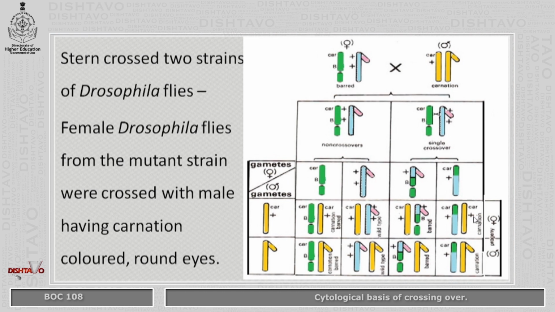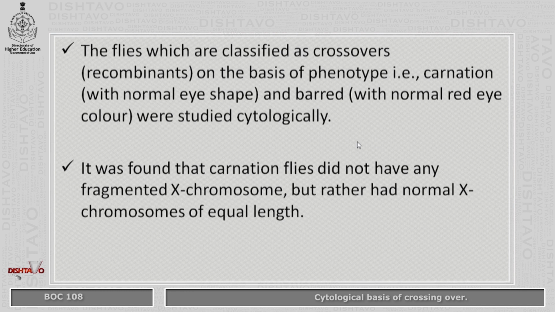Then finally, when the cross was done, the progeny observed were classified as crossover or recombinants on the basis of the phenotype, that is, carnation with normal eye shape and barred with normal red eye color. And they were studied cytologically to see the type of chromosomes which were carrying these genes. It was found that carnation flies did not have any fragmented X chromosome, but rather had normal X chromosomes of equal length.